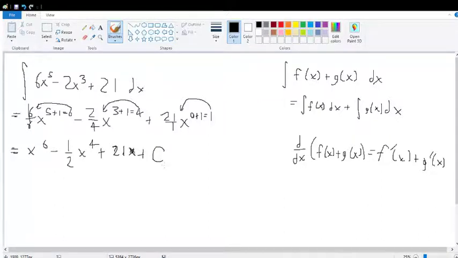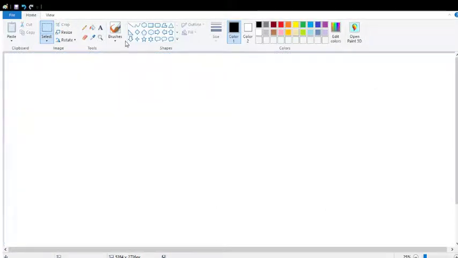You'll need the plus c for when you do indefinite integrals, but you won't need the plus c when you do definite integrals, when you have limits of integration a and b, because then you'll know where the function is. But for the general function, you'll need the plus c. So that's it for the second example. So let me just clear this one out, and then we'll be on to our third problem.